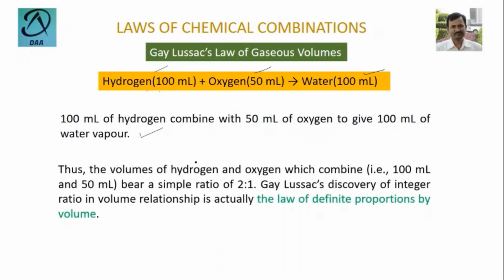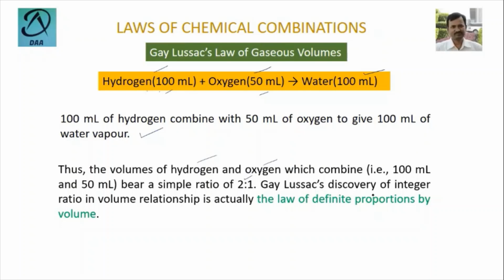Thus, the volumes of hydrogen and oxygen, here 100 ml and 50 ml respectively, combine in a simple ratio, 2 to 1. That means 100 is proportional to 50, that means 2 to 1.